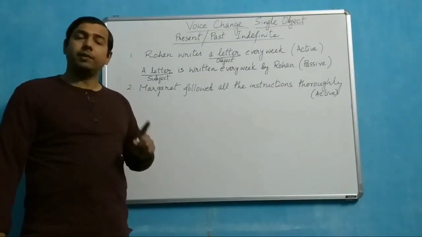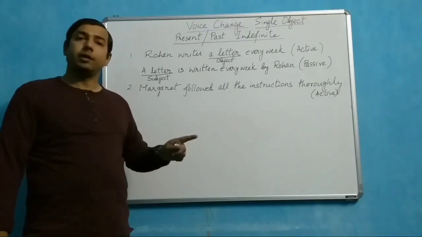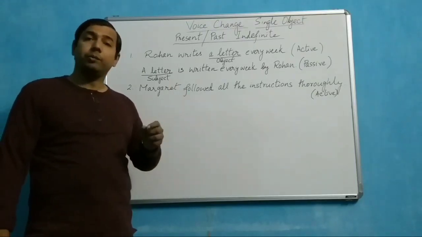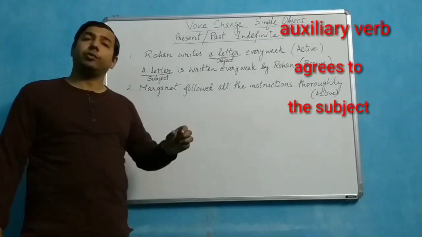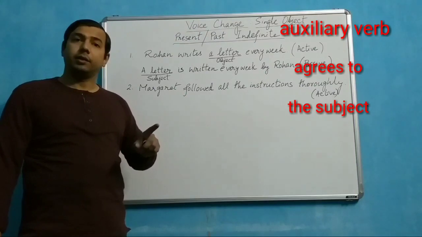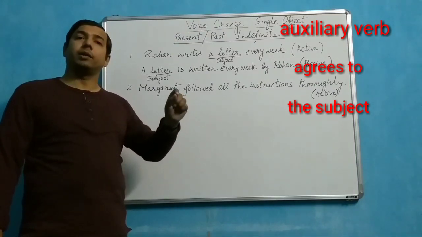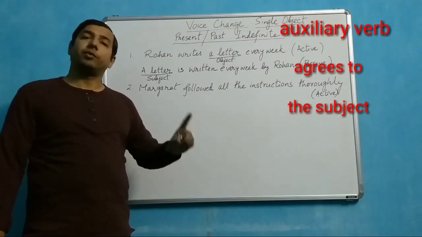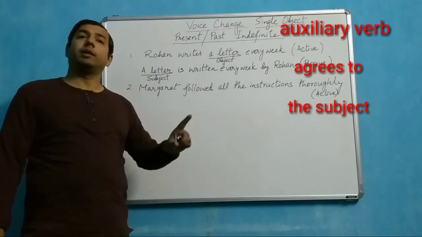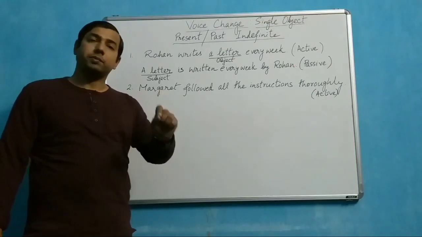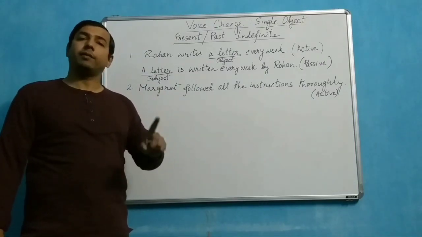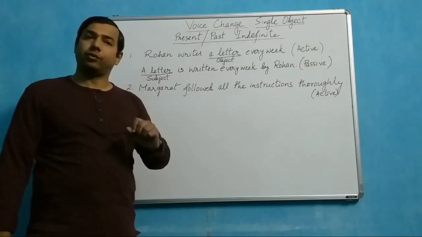The auxiliary verb must agree to the subject. So what do we mean by must agree to the subject? It means that the subject has a particular specific person and number. The auxiliary verb should be suitable to that person and number, and obviously to the tense.